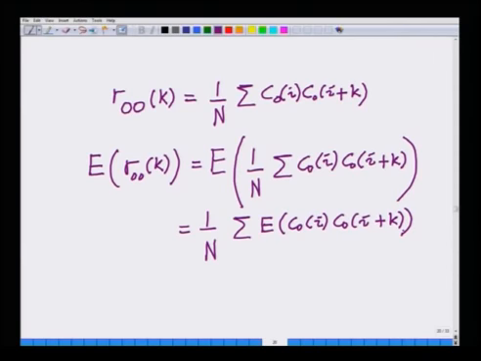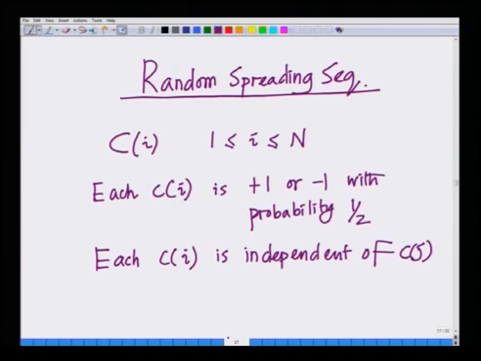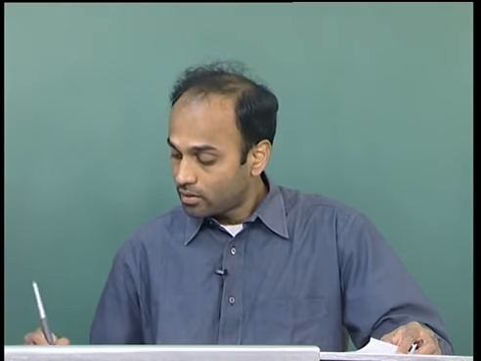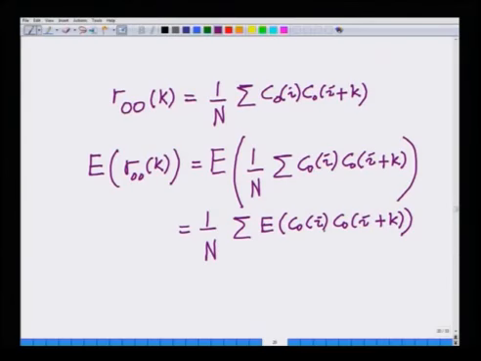Now, I will use a property that I have assumed before, which is that each chip C 0 i is independent of another chip C 0 j. Hence, C 0 i here is independent of C 0 i plus k, which means if there are two independent random variables x and y, the expected value of x times y is simply expected x times expected y.